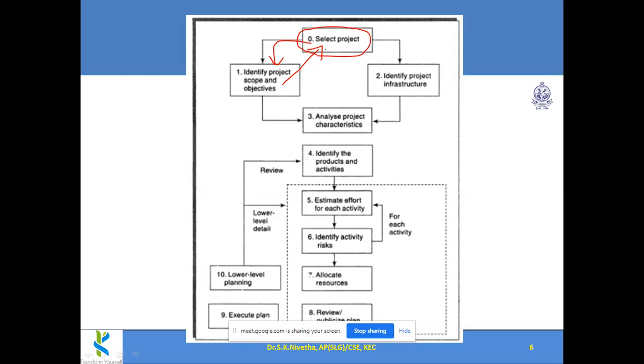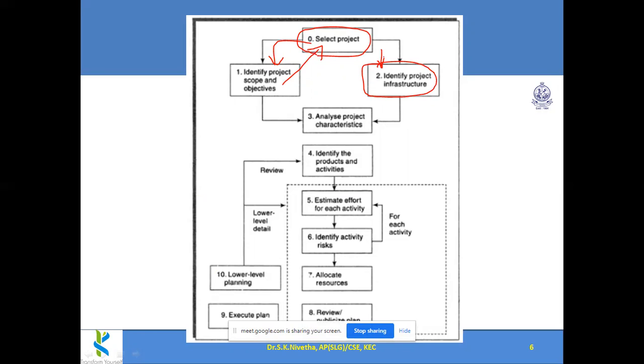Then we have to identify a suitable project's infrastructure, on which platform we are going to develop, everything related to carrying out the project. Everything we have to identify, whether we have enough persons to develop in the language, new technology which it requires, whether our existing employees have enough knowledge on this technology, likewise, all those things.